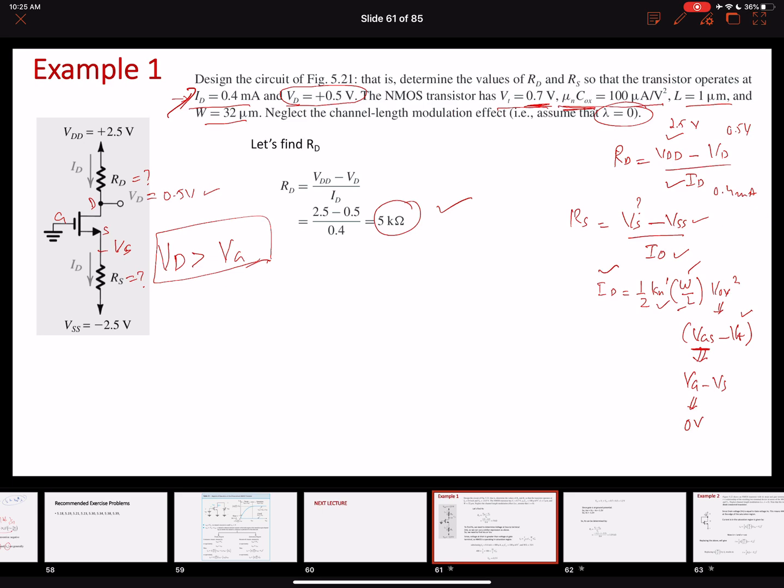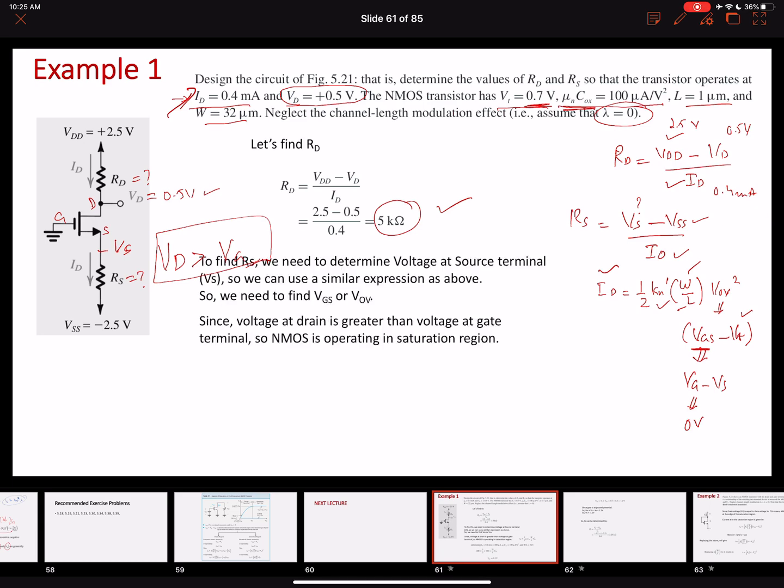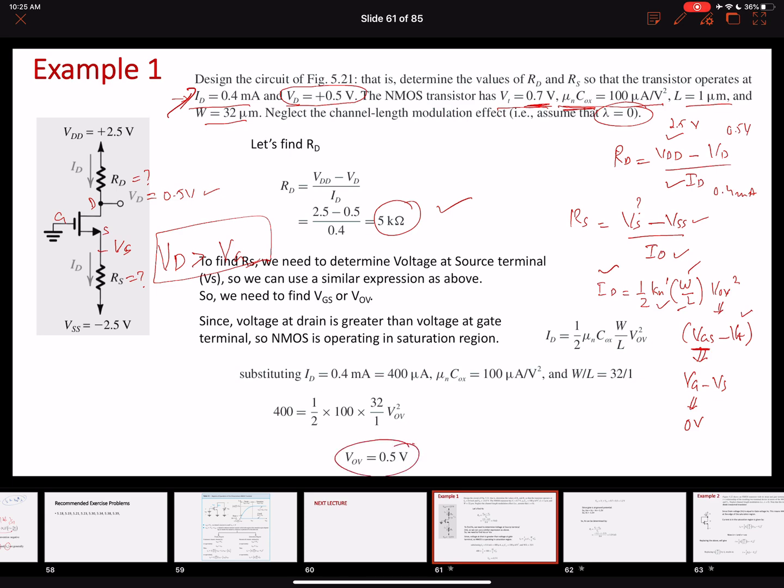We can find the value of VS, right? So putting in all the values, this is the value of the overdrive voltage that comes out. And then we can say this is equal to VGS, that is VG minus VS.